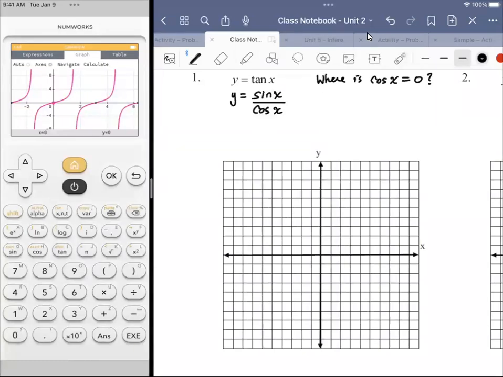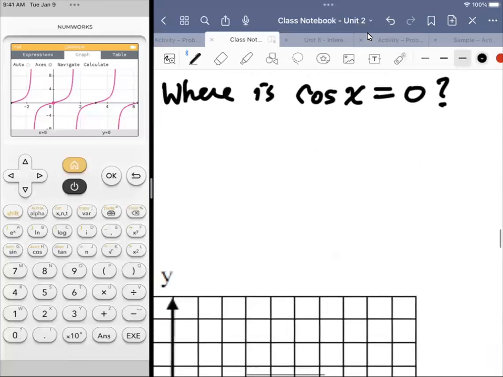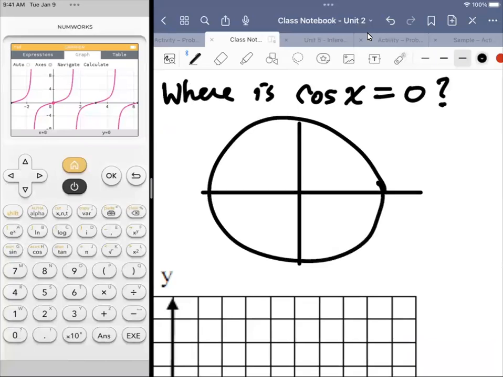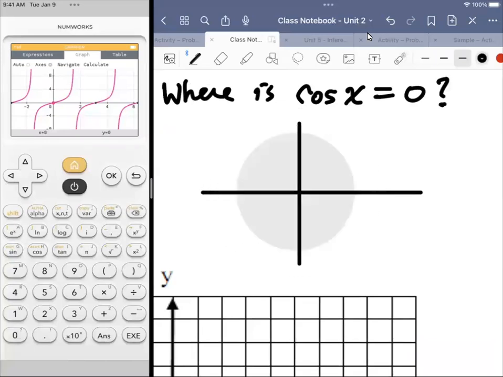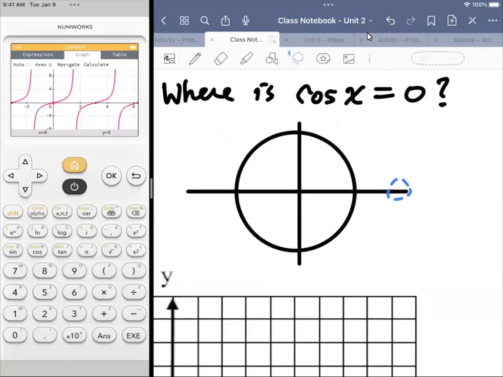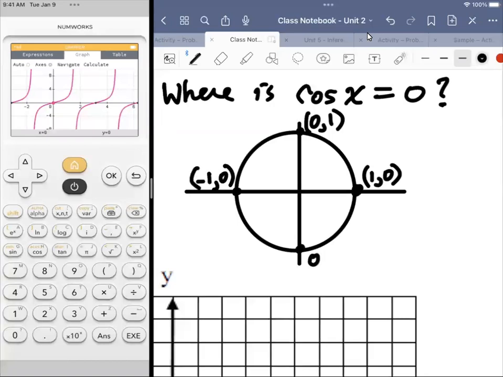All right, so on the unit circle, and I'm just going to do the shell of it. I'm not going to do the entire unit circle in its full glory because we don't need most of it. Just get a circle here. Around the unit circle, we have points (1, 0), (0, 1), (-1, 0), (0, -1).